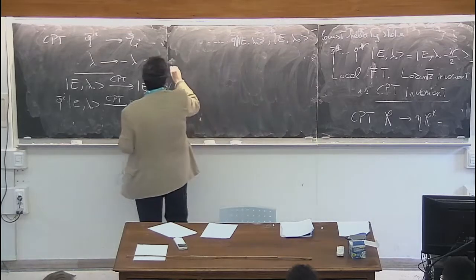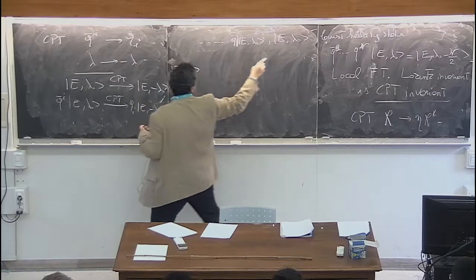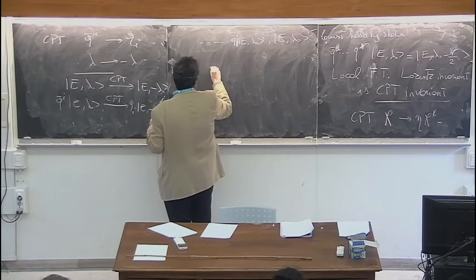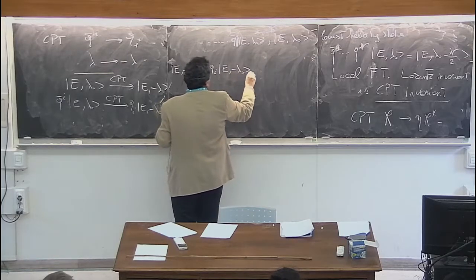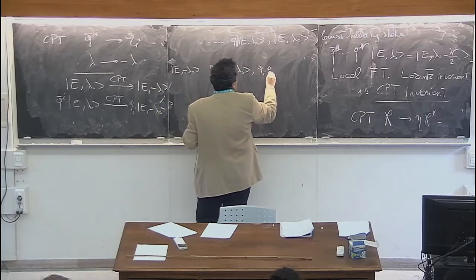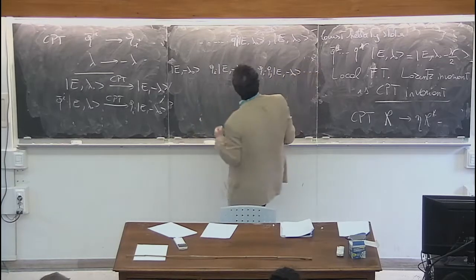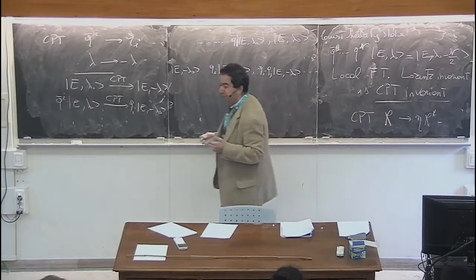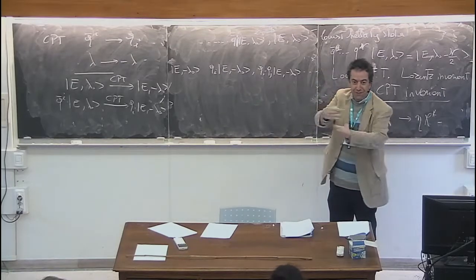Then we have to start also from E minus lambda naught, the CPT conjugate, the ground state, and act on it by means of Qi, and so on. So our representation space should contain two arrays of states.